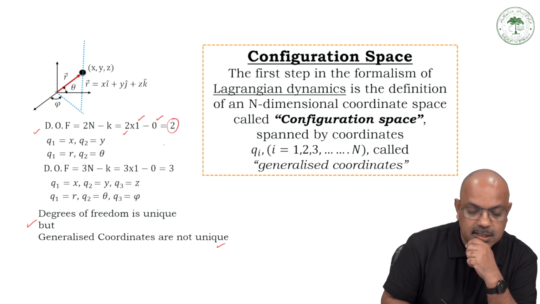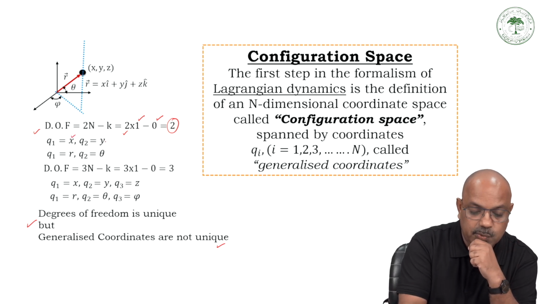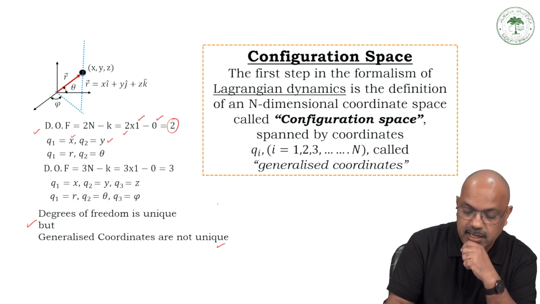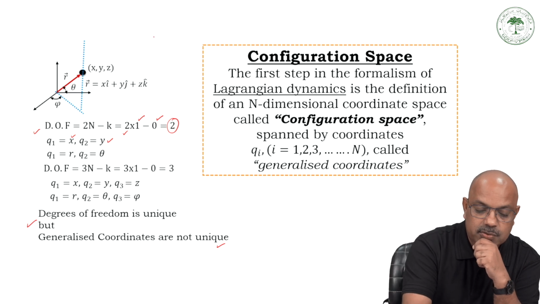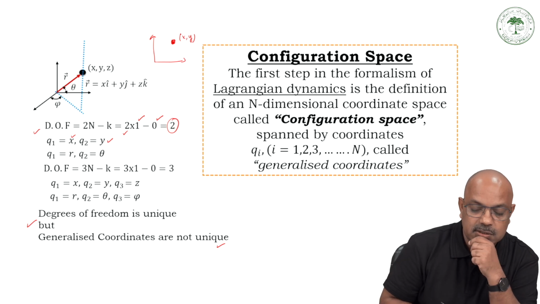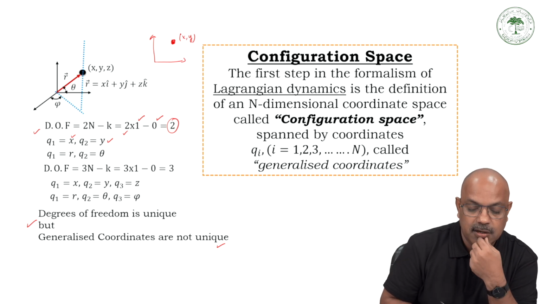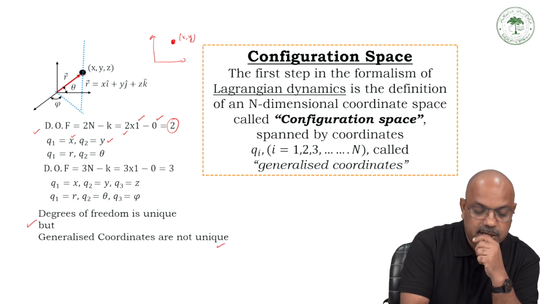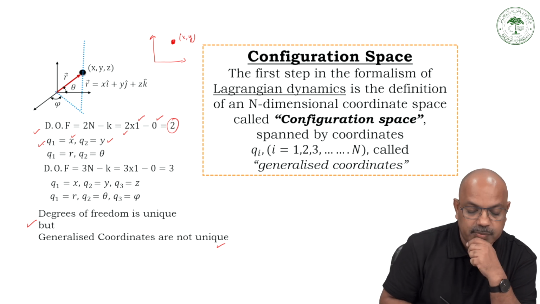In xy, I am going to have the option of generalized coordinates x and y. This particle is completely specified by x and y. So that is 2 degrees of freedom. No restriction is there. So my generalized coordinates are x and y.